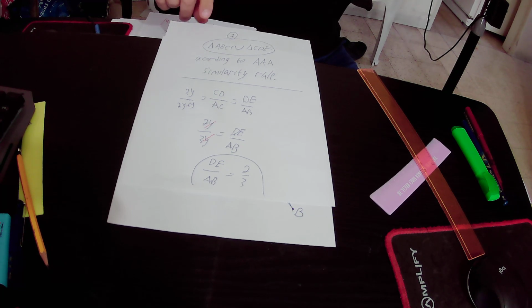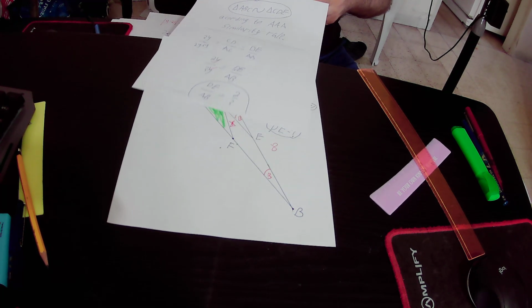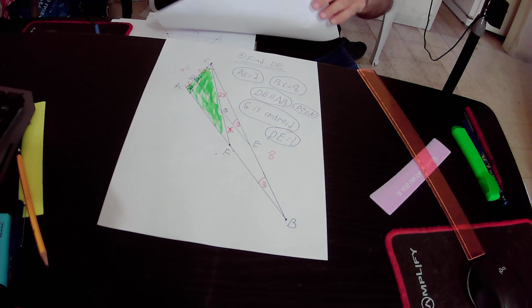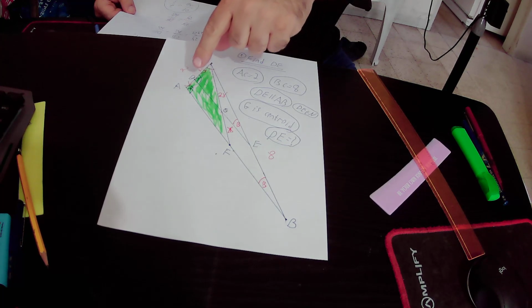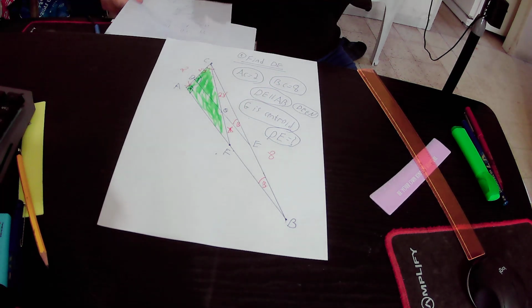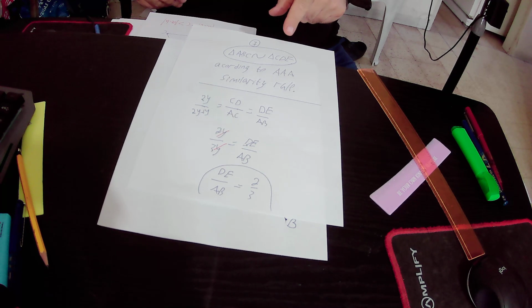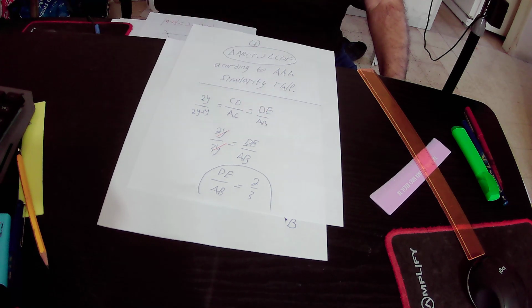From the fact that triangle ABC and triangle CDE are similar to each other, we can conclude that CD over AC equals DE over AB.